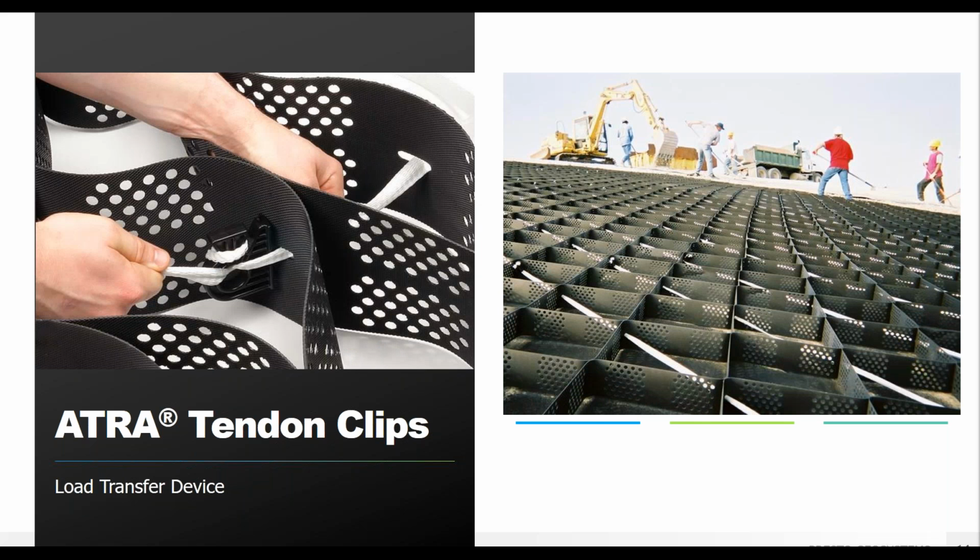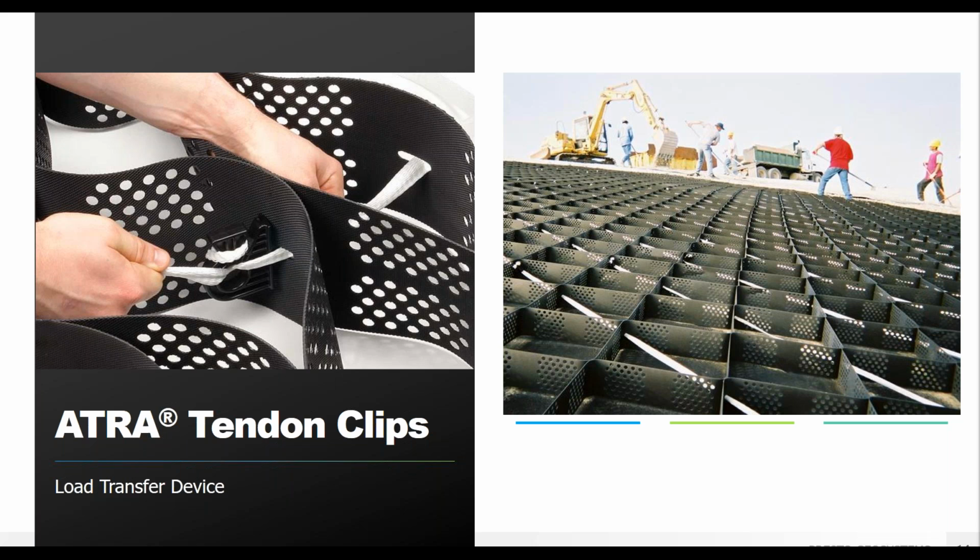So if you do have a steeper slope, so if you're steeper than 2-to-1, or if perhaps you're in a very erodible soil, like a really weak shale, or if you are working on a site that can't be punctured, say you have a geomembrane liner underneath a pond and you don't want to puncture that with stakes, there's another option for anchorage, and that's to use a tendon system.